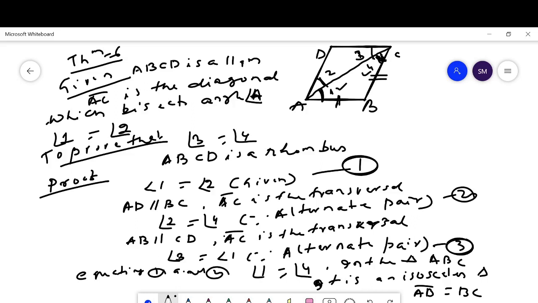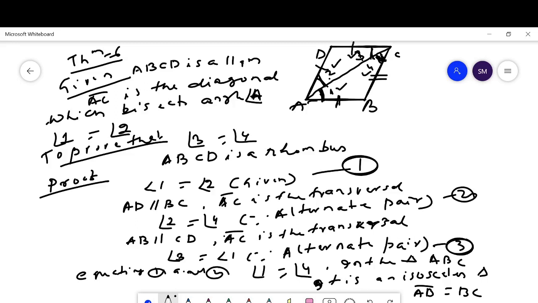Then consider the triangle ADC. As 1 is equal to 3 and 1 is equal to 2, angle 2 is equal to angle 3. As angle 2 is equal to angle 3 in triangle ADC, triangle ADC is also an isosceles triangle, which implies AD is equal to CD.